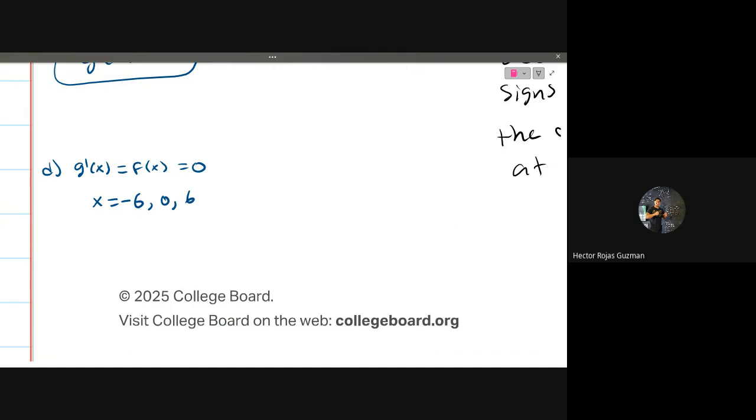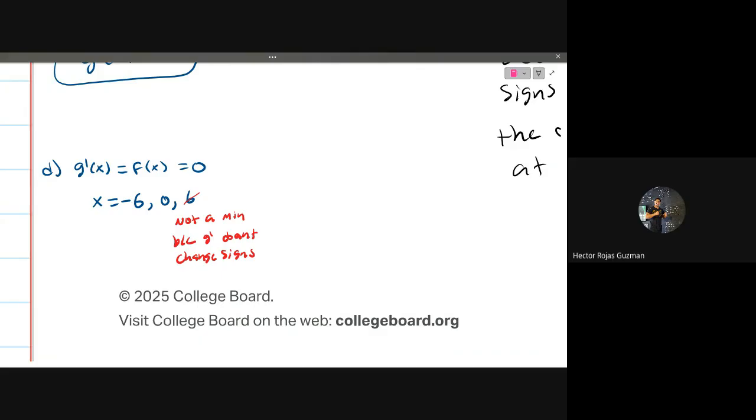Okay. All right. 6, even though 6 is a critical point, it's not a minimum because G prime doesn't change signs. So I'll just kind of cross it off here.